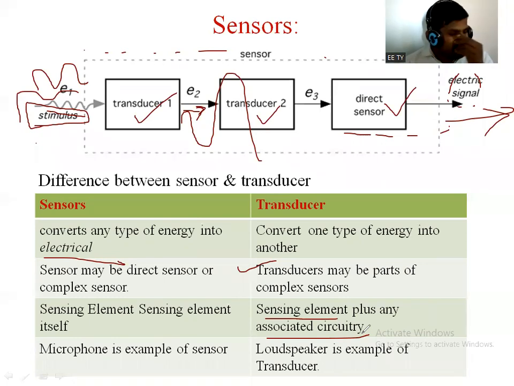Getting the difference? In a case of a direct sensor, the sensing element in that sensor will itself be the sensing element. And in case of a transducer, the sensing element will be required plus some extra circuitry or associated circuitry.